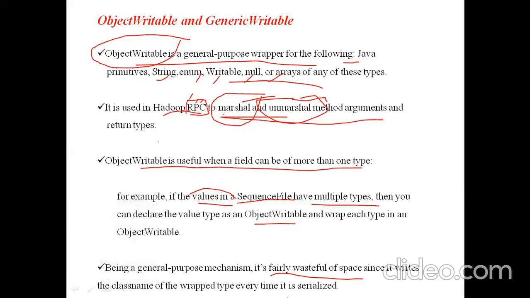Today we have seen the null writable wrapper class as well as the object writable wrapper class. In simple lines, how to remember: null writable is used as a placeholder if we miss any value. Next, we use the object writable whenever a particular field has multiple data type values.